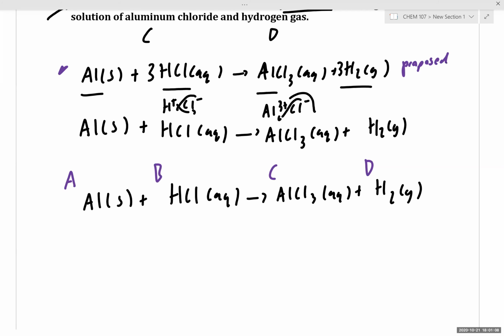And don't be shy to share your proposed balanced equations in the chat or verbally.